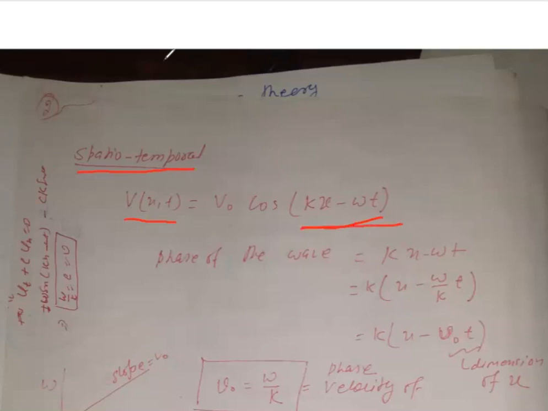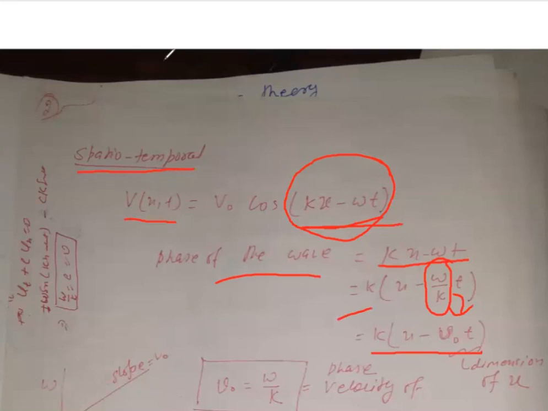This is called the phase of the wave. Take out k, and this omega by k is nothing but v. It is called phase velocity. Clear?